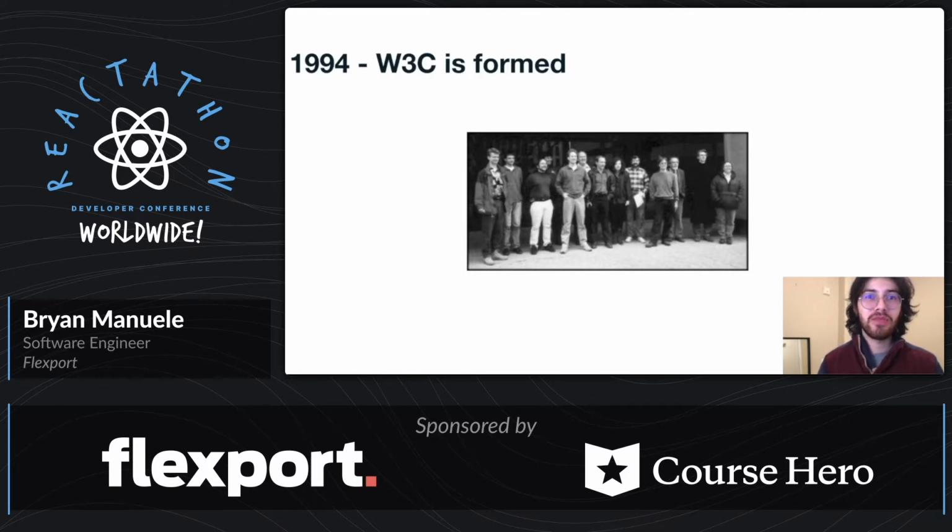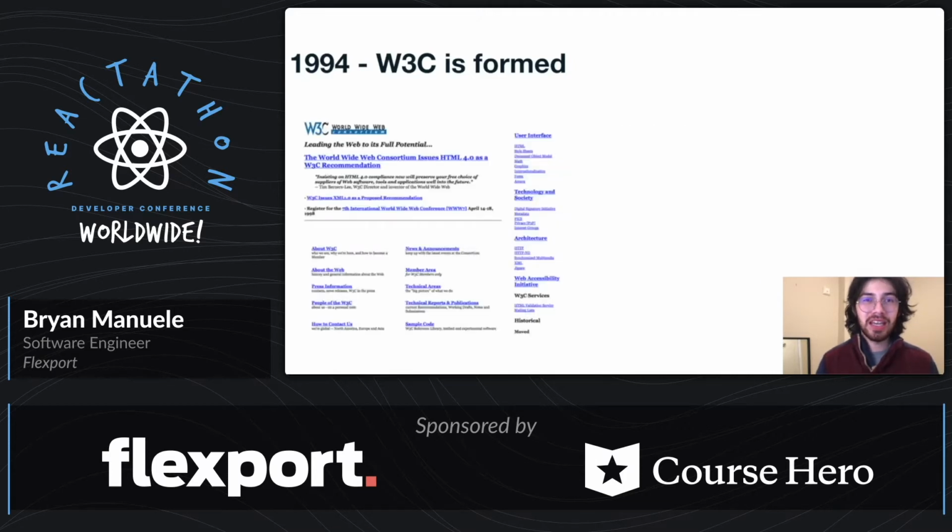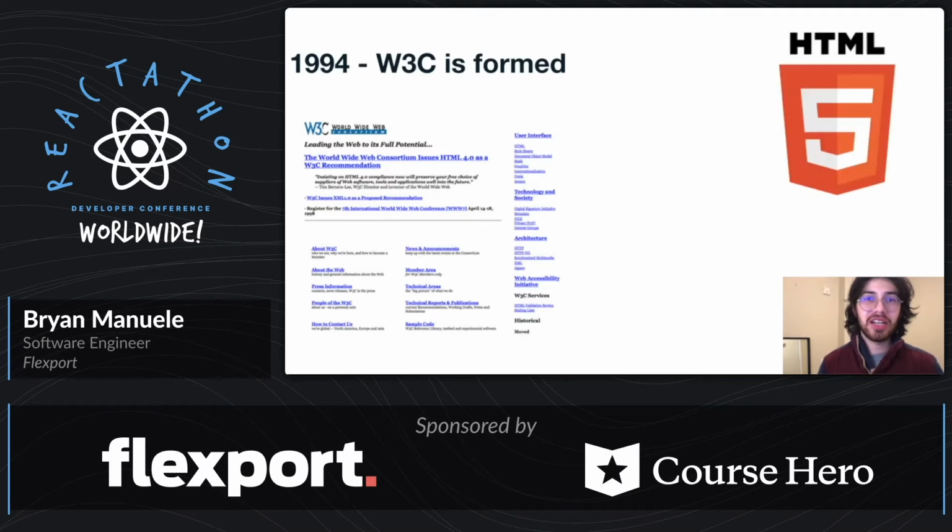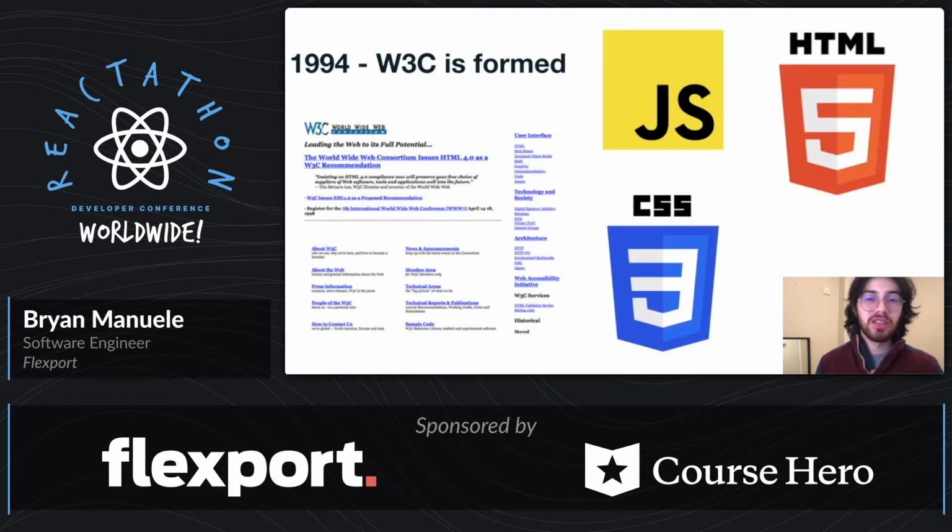And here's a picture of that very first meeting. And the W3C essentially hashed out what the spec for HTML and the web should be. And because of what W3C and what they did, we now have a standardized spec for HTML, JavaScript, and CSS, and we can pretty much have a very consistent experience across all the major browsers.